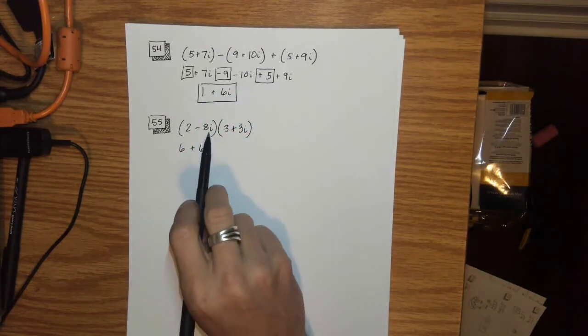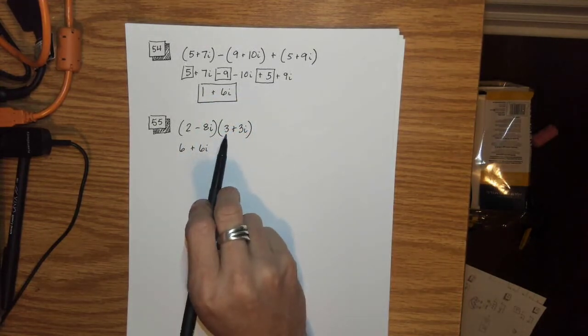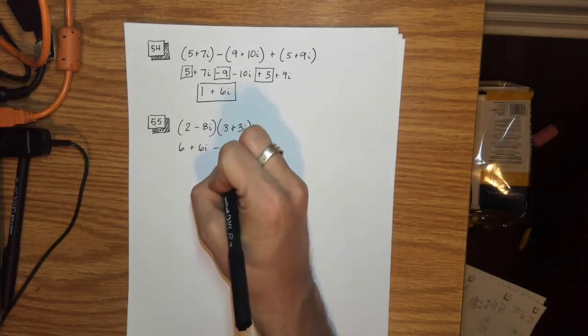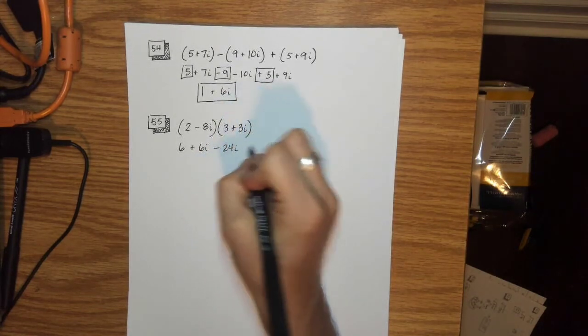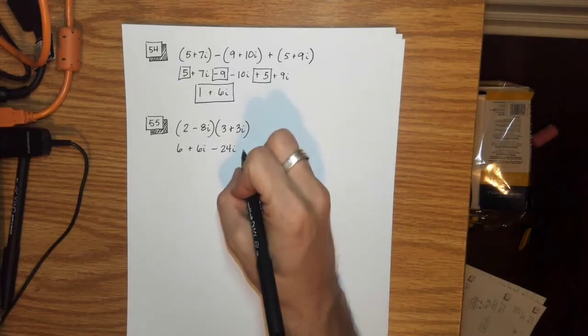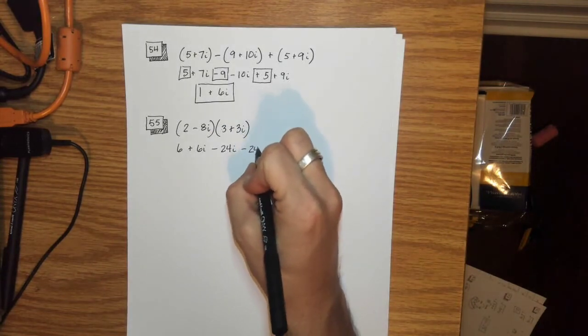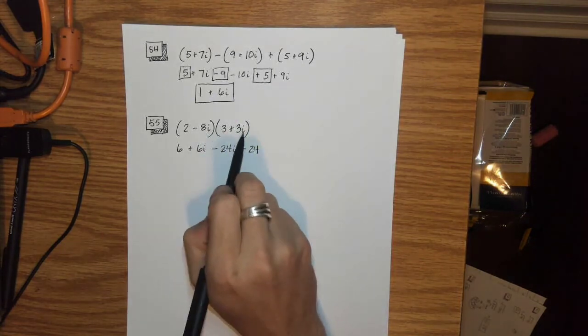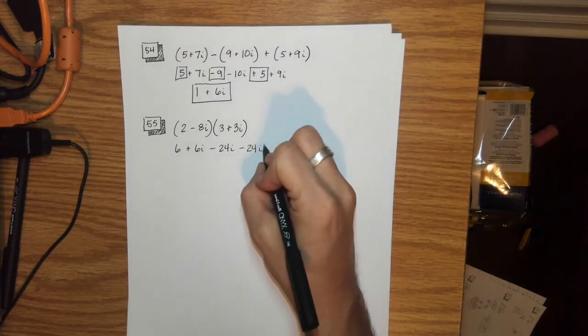If we do a negative 8i times 3, that gives us a negative 24i. And then if we do a negative 8i times a 3i, that's a negative 24, but it's i times i, which gives us i squared.